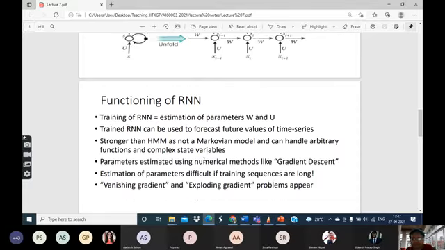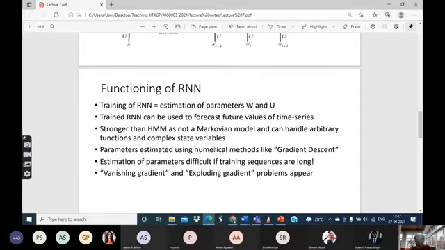In a sense, it's the same approach as linear or lasso regression, but the parameters are going to be much more complicated in this case. So suppose you are able to estimate all its parameters, then what will you do with it? As I said, in the case of HMM also, you can use this RNN to forecast the future values of a time series.